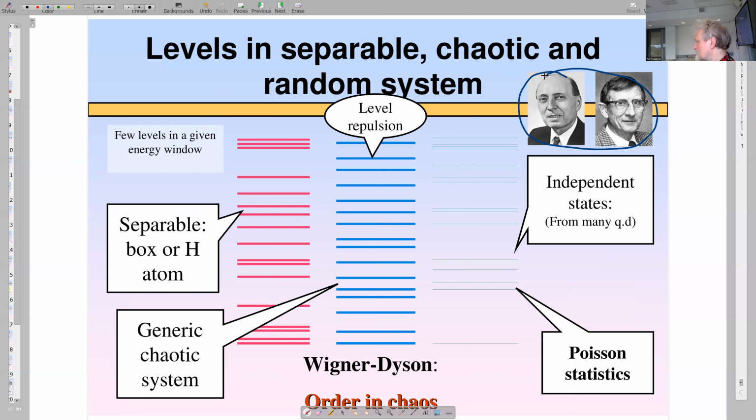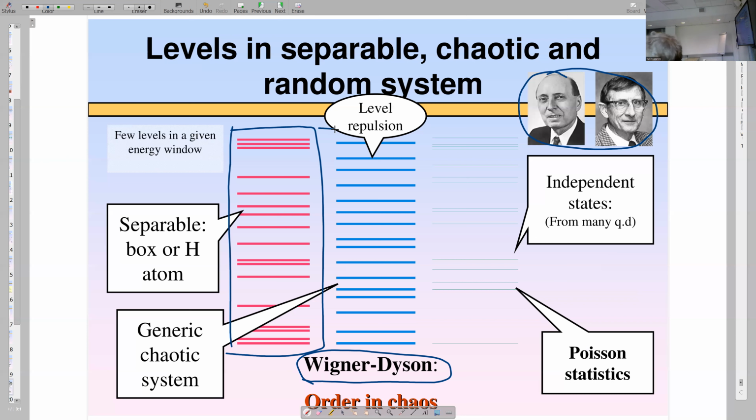And they were extremely bored, and they wanted to make something creative. So they decided to make quantum mechanics of a completely random system, which appeared to fit nuclear data pretty well. So they proposed statistics for energy levels in a disordered system, which is called Wigner-Dyson statistics.